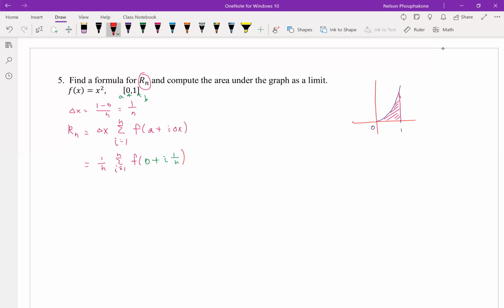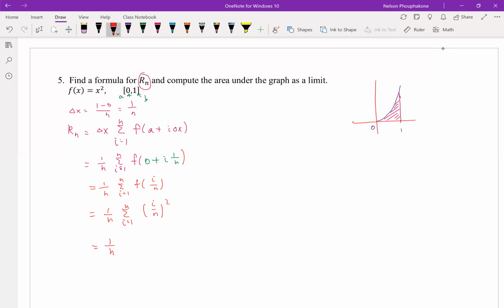Okay, so let us simplify this. Now we have 1 over n, and then to this one right here, we have the summation i from 1 to n of i over n, squared.